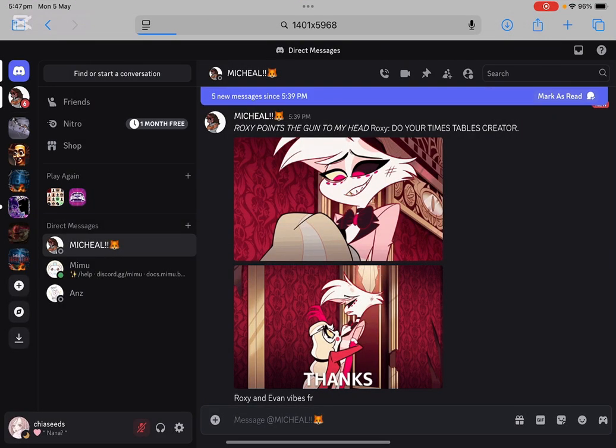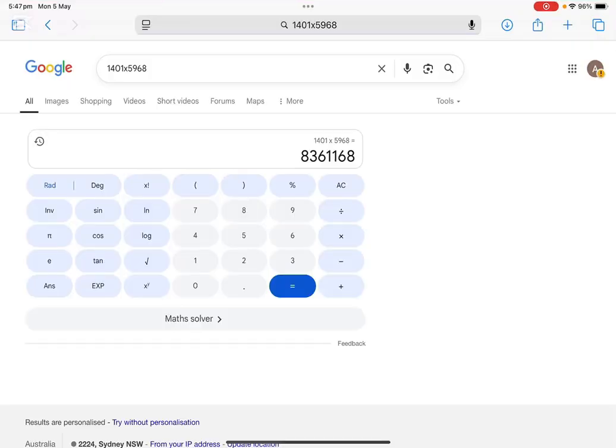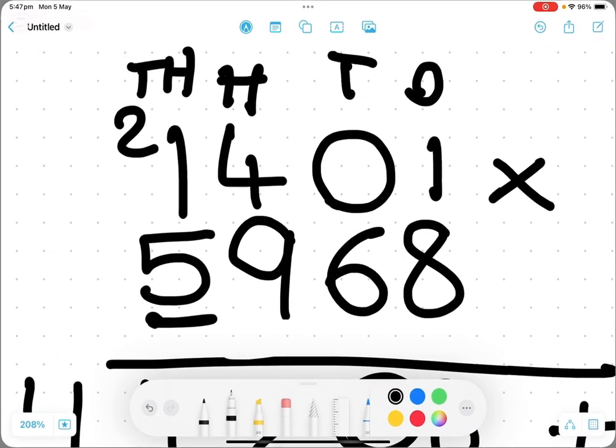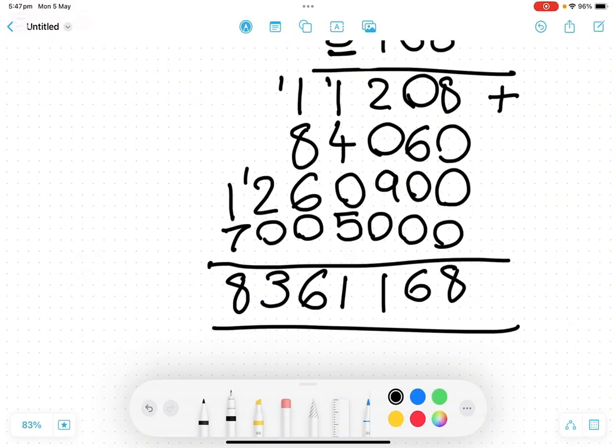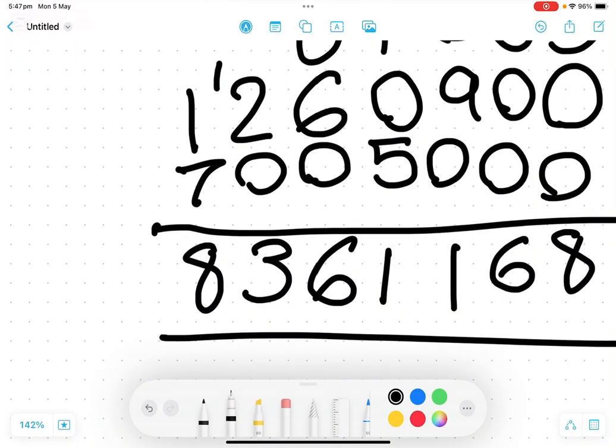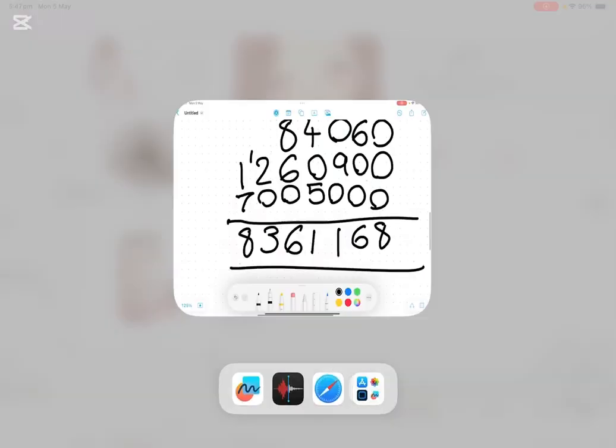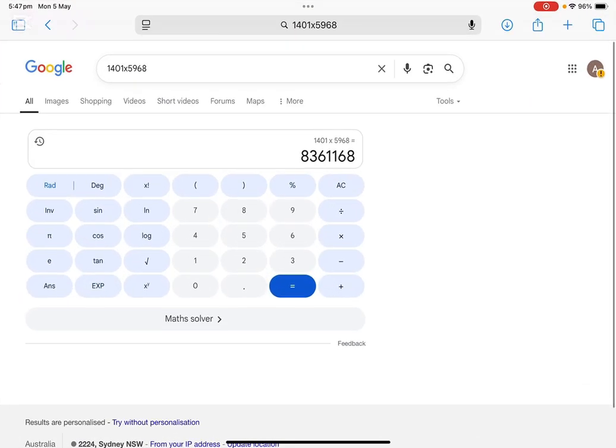So let's go into here, and it's what we get here. So what we got was 8361168. Past me actually went to check because they didn't know. So see, we got 8361168. Then from here we got 8361168. So that is how you do 4-digit by 4-digit multiplication.